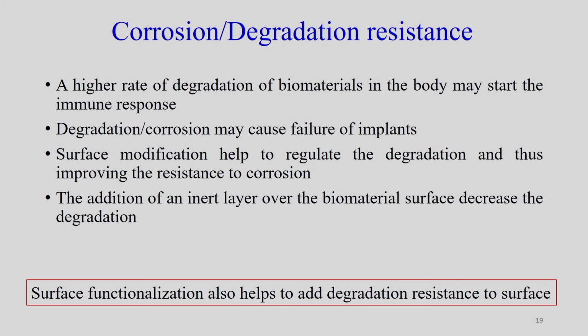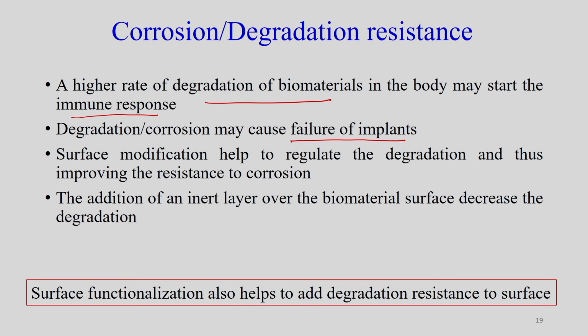Apart from that, there are other materials which get corroded, particularly in the biological environment. So, this higher rate of degradation may start the immune response. Finally, it may lead to the failure of the implant. So, we have to go for surface modification to regulate, or you can say control, the corrosion or the degradation.